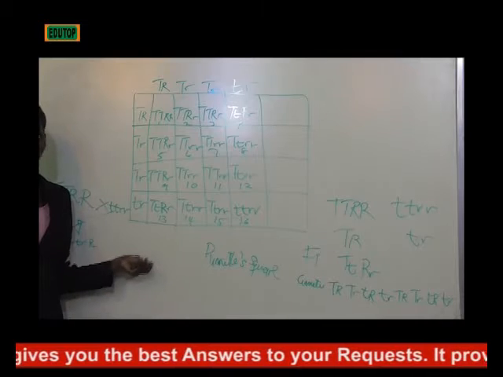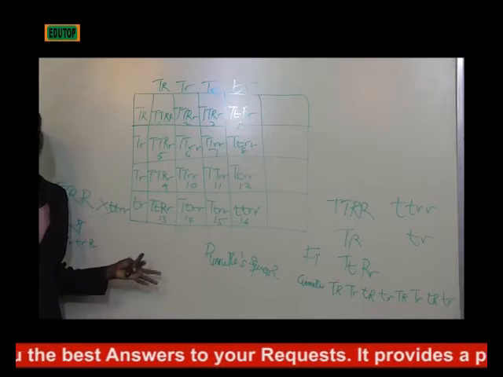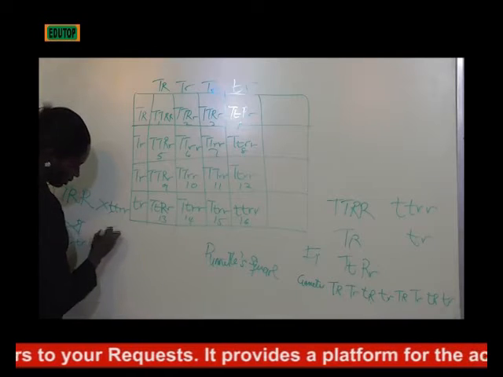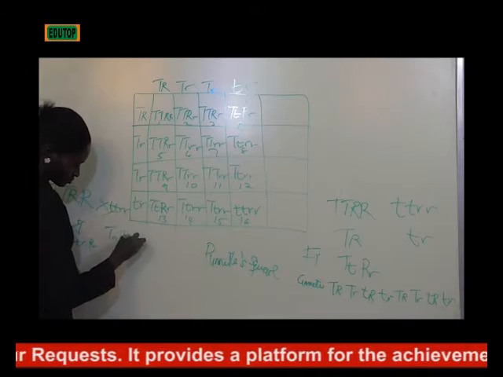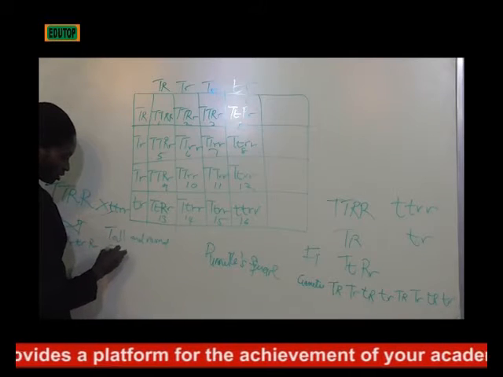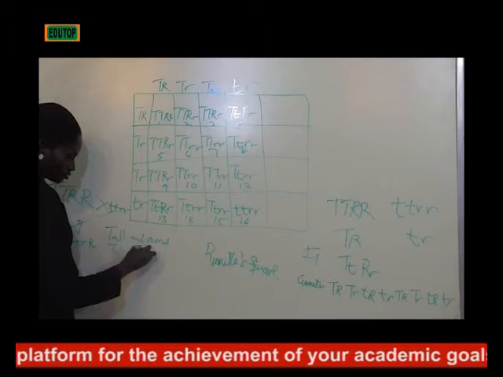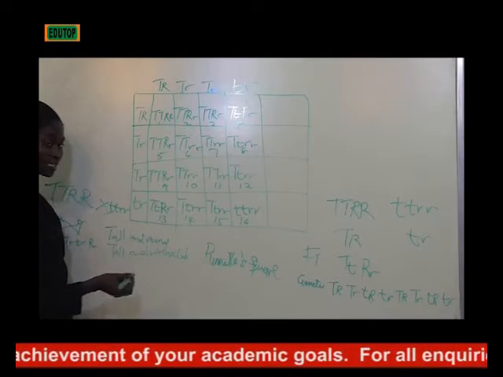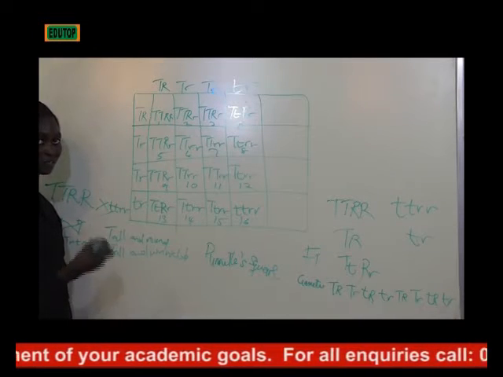Now, 4 phenotypes appeared here, and they are the ones that are tall and round, then tall and wrinkled. That's the physical appearance. I said physical appearance is the phenotype.